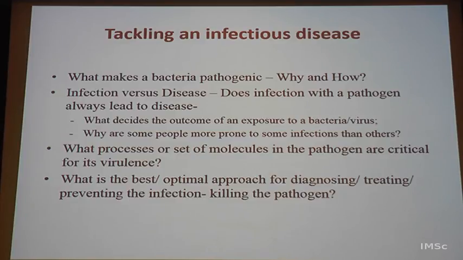The route of entry can be very different, which is what makes it very complex. Our main goal in all of this is obviously to understand the optimal approach for first of all detecting it, that is diagnosing, then treating, and if possible preventing with a vaccine. These are the three branches of medicine which are relevant to any infectious disease. So that's what we want to understand through this approach.